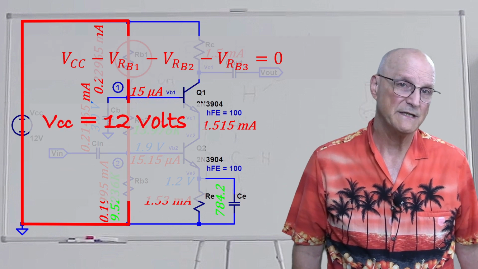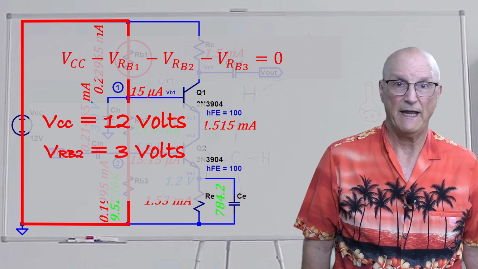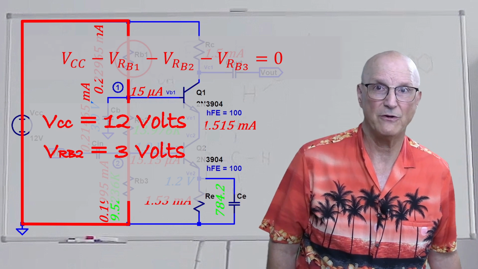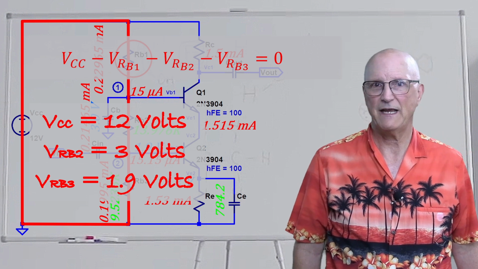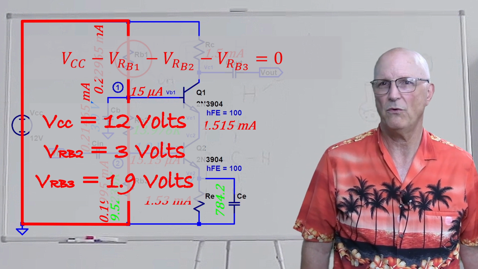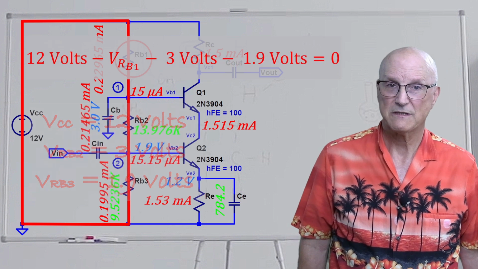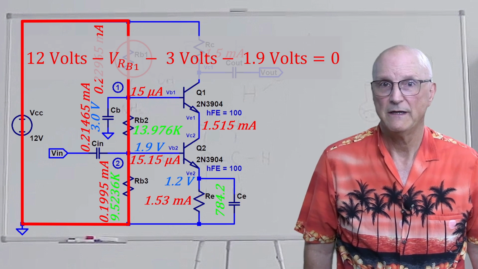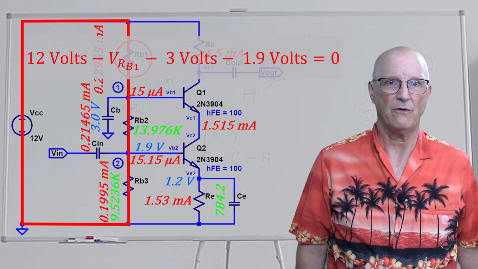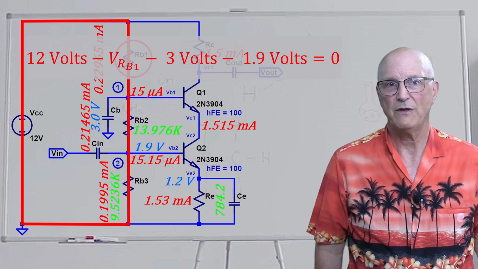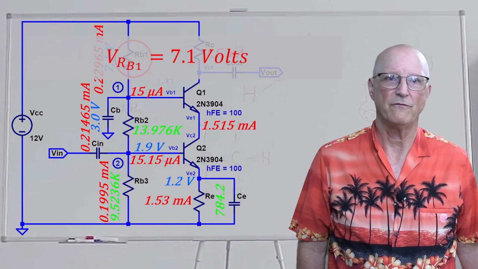Well, we know that VCC is 12 volts by our design constraint. We have previously chosen to have Vrb2 equal to 3 volts, our feel-good number. We know that Vrb3 is the same as the base voltage of Q2, or 1.9 volts. So we get 12 volts minus Vrb1 minus 3 volts minus 1.9 volts is equal to 0.